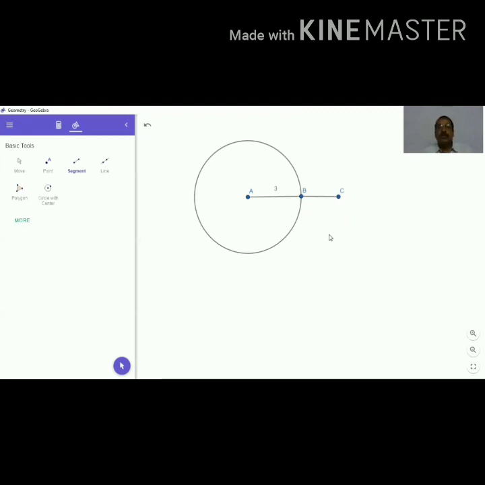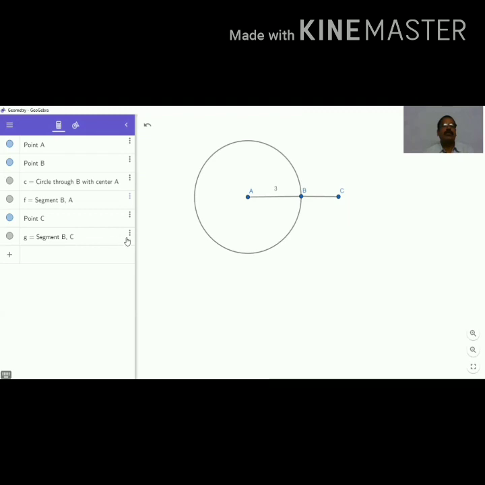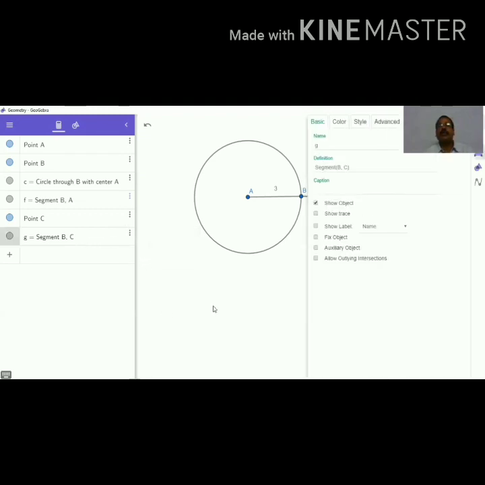Now we are going to measure whether we produce 2 centimeters or not. We are checking the measurement. BC measurement, we have to get exactly 2 centimeters you have to produce.